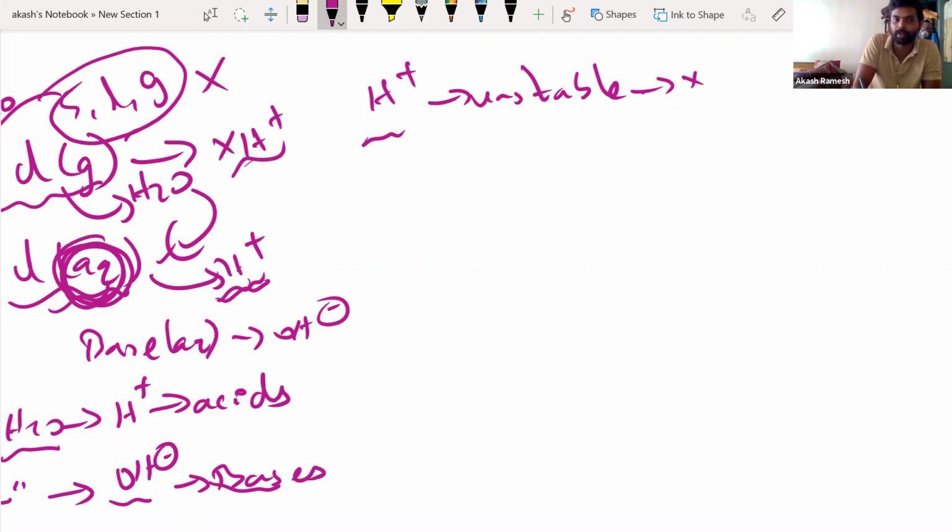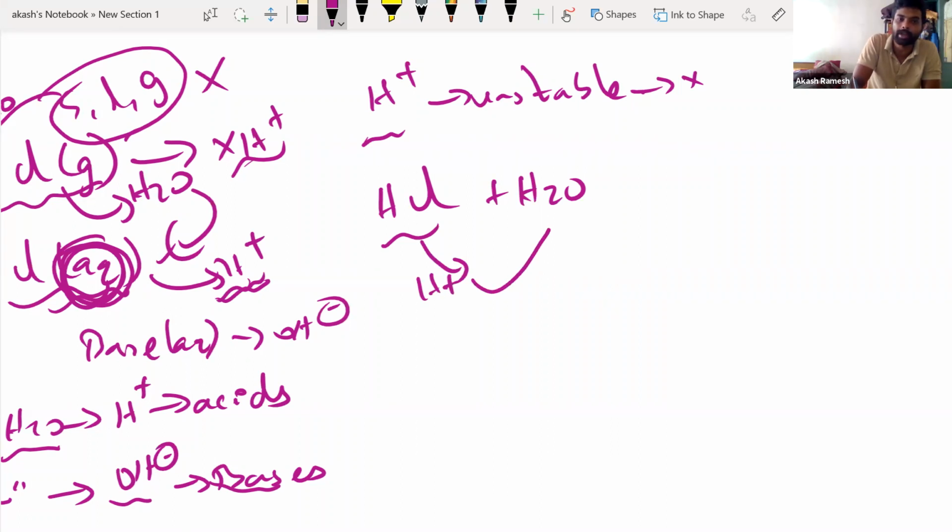If I write the reaction, for example, I have HCl, and HCl is going to be dissolved in water. I know this HCl is capable of giving me H plus. H plus comes from this, and it is going to be accepted by the H2O molecule.